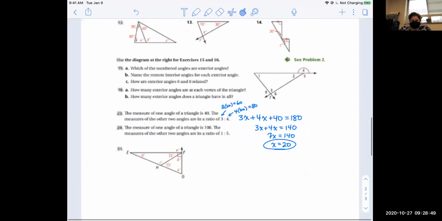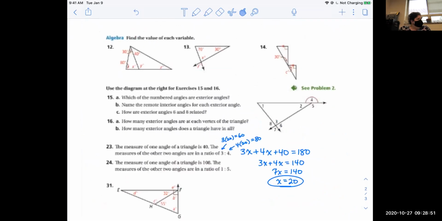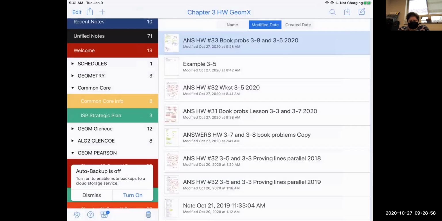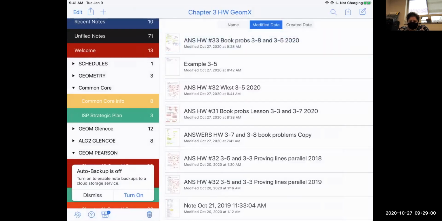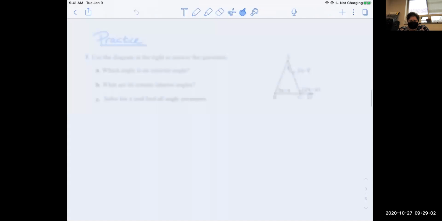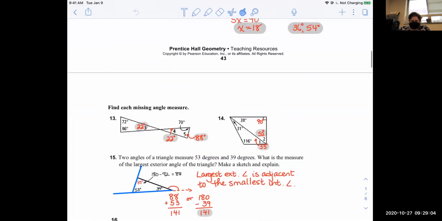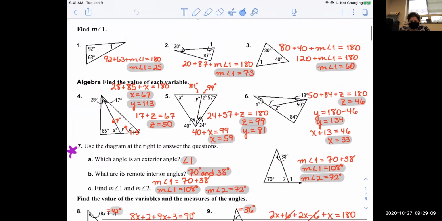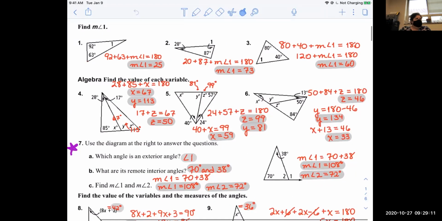Okay, anything else from this assignment? Okay, that's 33. Let's go talk about number 32. Was the worksheet on 3.5? Okay, this is homework 32, and it was worksheet problems on 3.5.